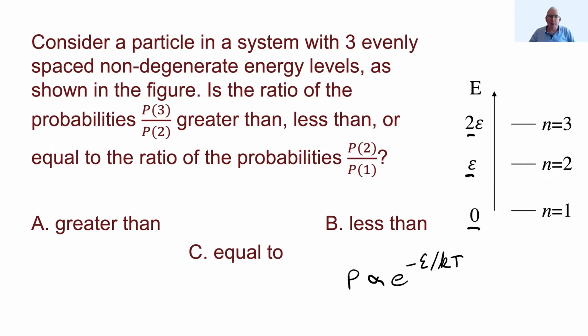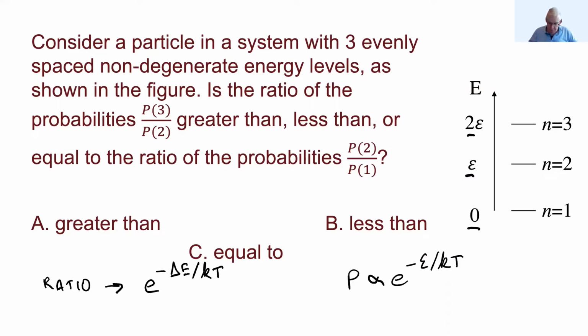If I take that ratio, that'll come from e to the minus delta E over kT, where delta E is the energy gap between the two states, right?